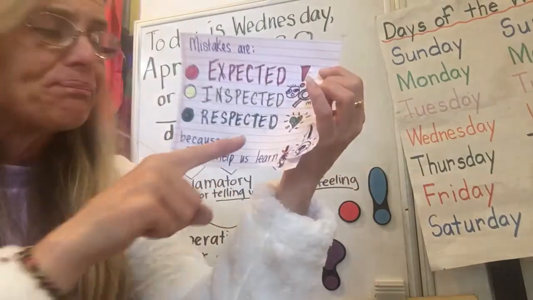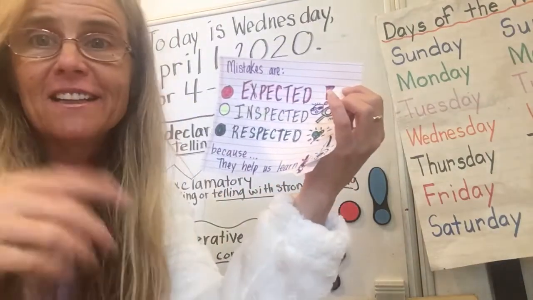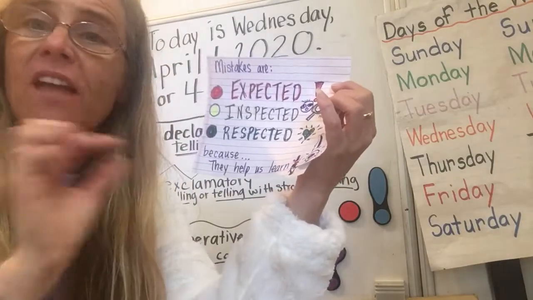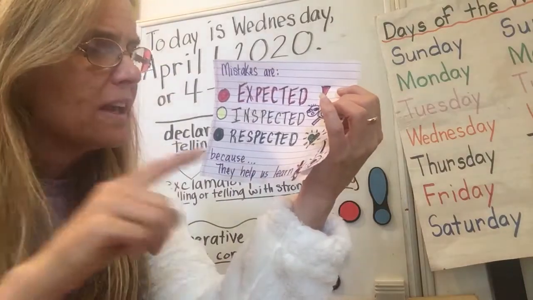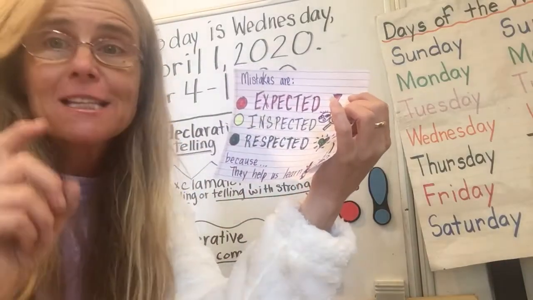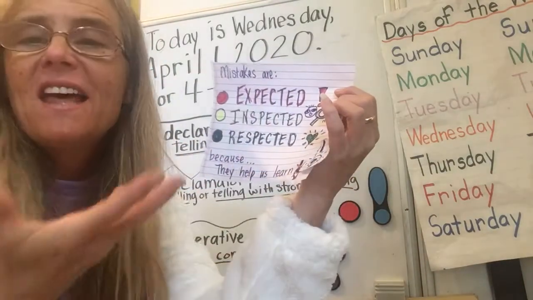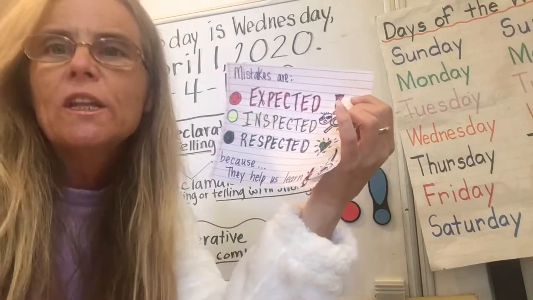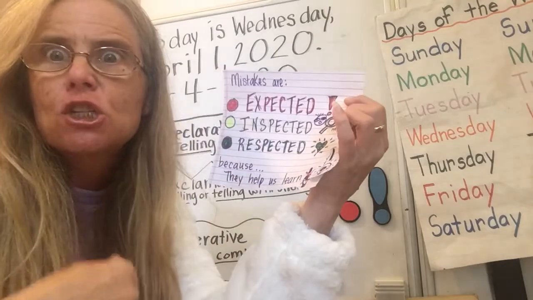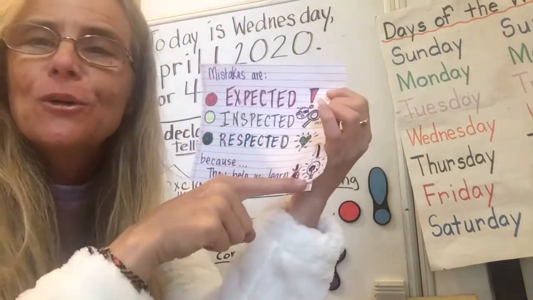Now look, I had this idea, like, I'm going to make a brain and put a head around it, and then when I did it, I thought, oh my gosh, that kind of looks like a light bulb, like it's growing, and I could make it into an exclamation point. But then the brain looked super funny, and I thought, this is totally awesome, because on my mistakes chart, I made a mistake, and look what I did.